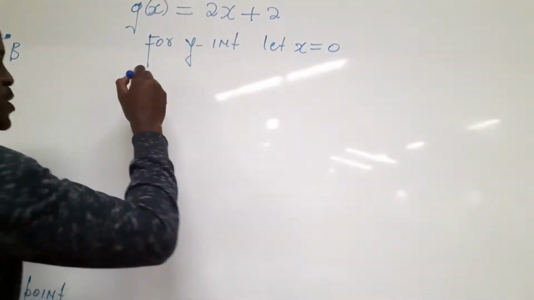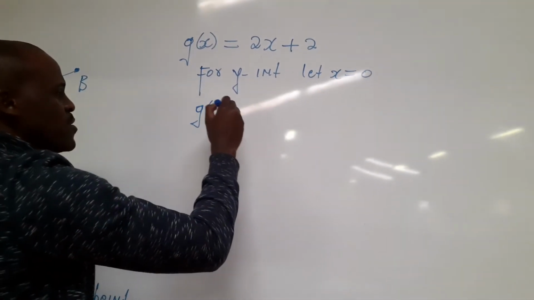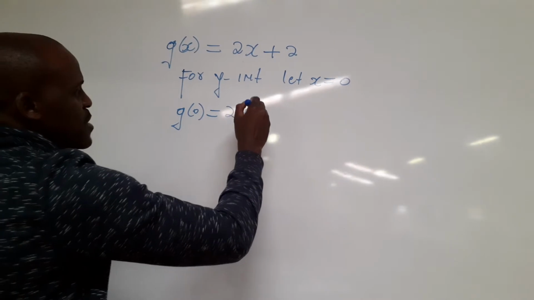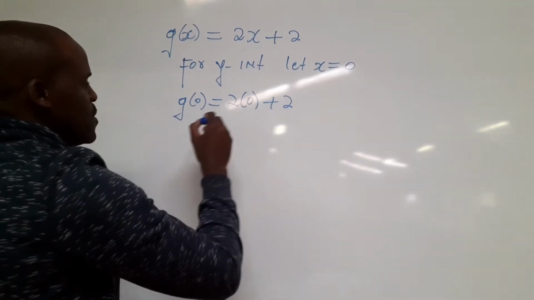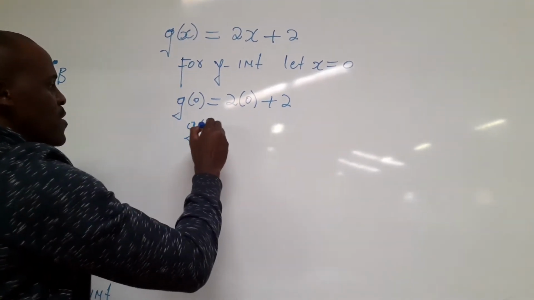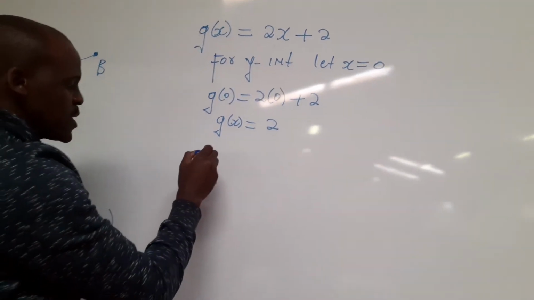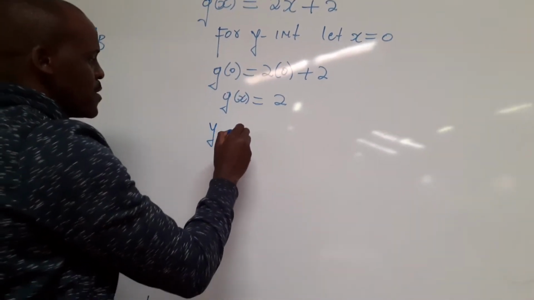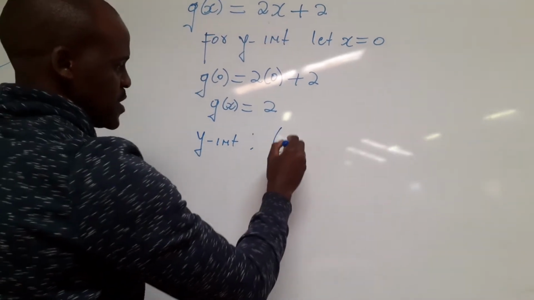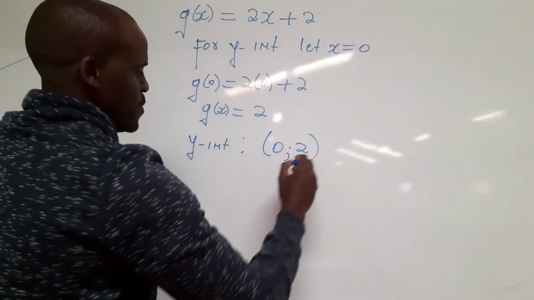So this becomes 2 times 0 plus 2, which is equal to 2. That's the y-intercept, given by (0, 2).